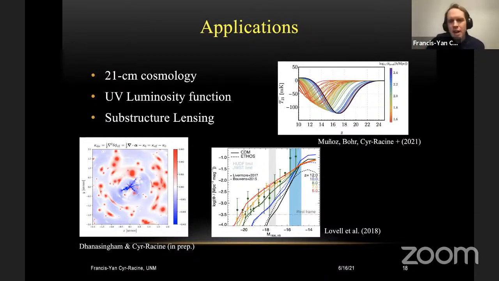If you look at, say, the 21 centimeter or the luminosity function, these are basically galaxies, so they have to form stars. They tend to be bigger halos, so bigger mass. While in lensing, you can probe things that are dark. It doesn't have to contain stars for you to probe it.